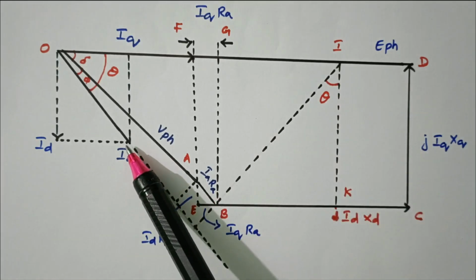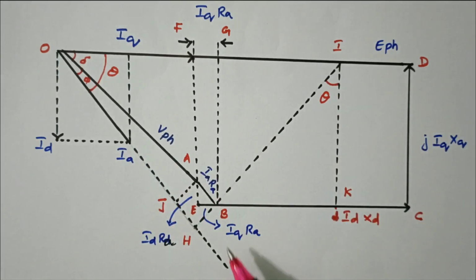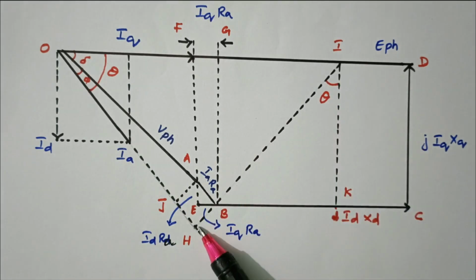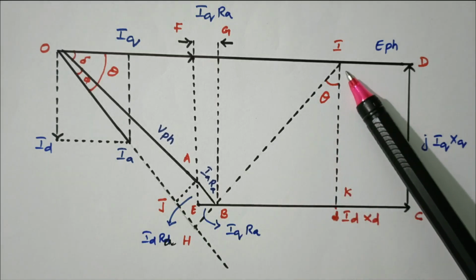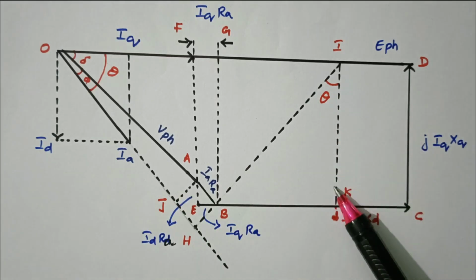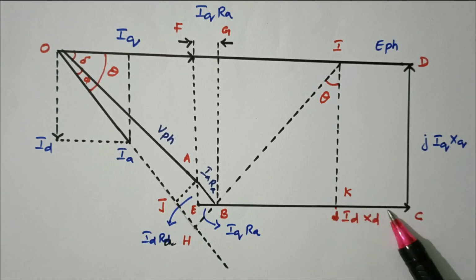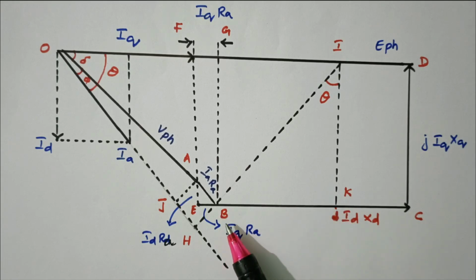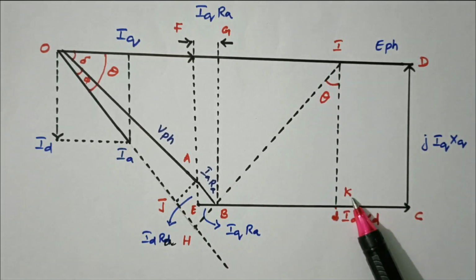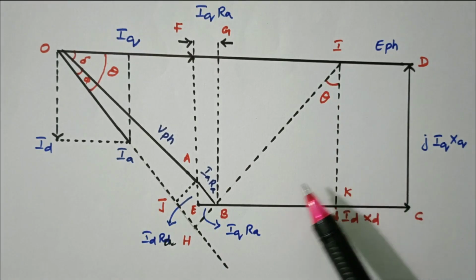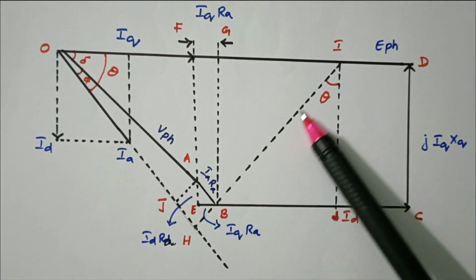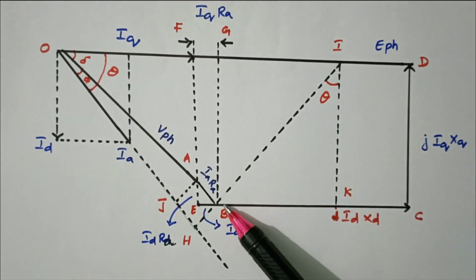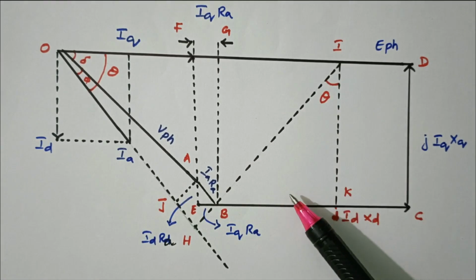The vector Ia is extended through B. This HI line is drawn. This perpendicular line is drawn, where it meets this line is K. So from this triangle BIK with an angle of theta, we are able to find the value of BI. The calculation is available, and at that time we will see how we are calculating.